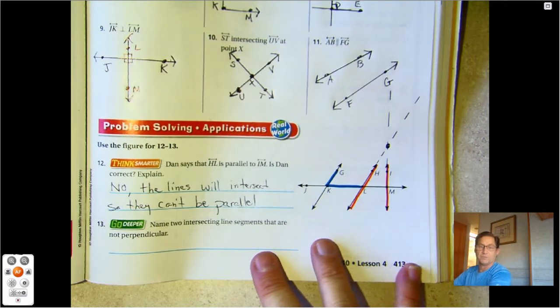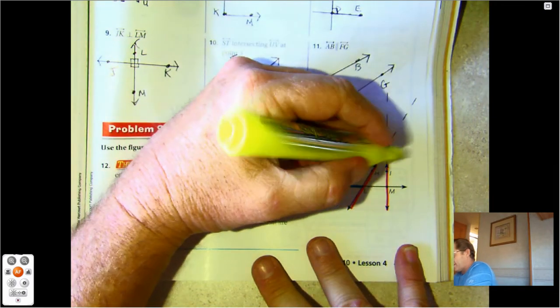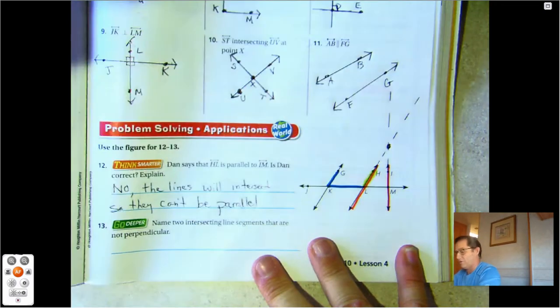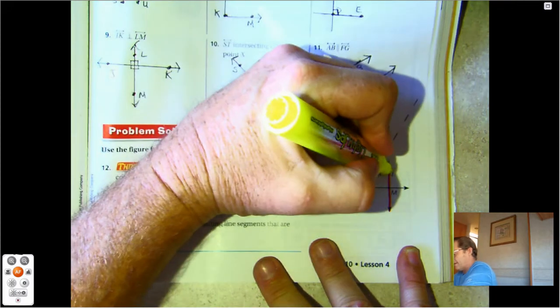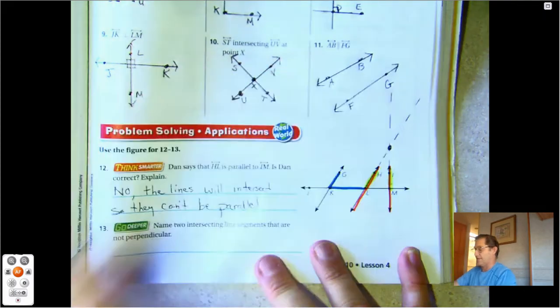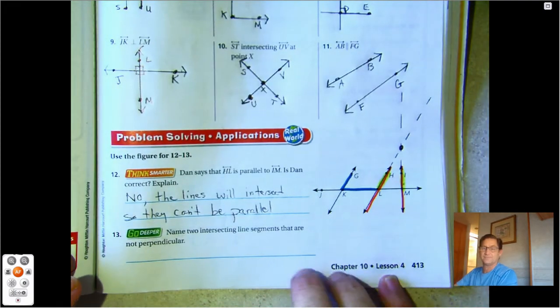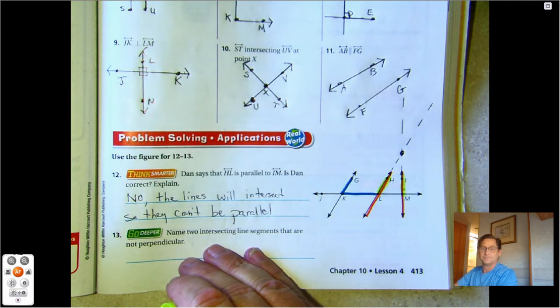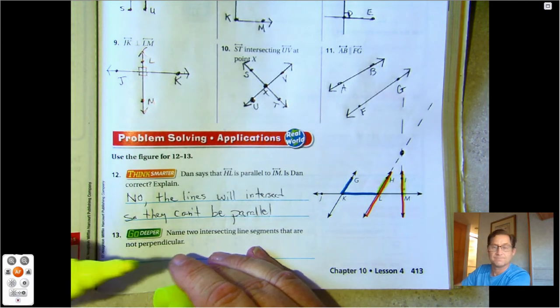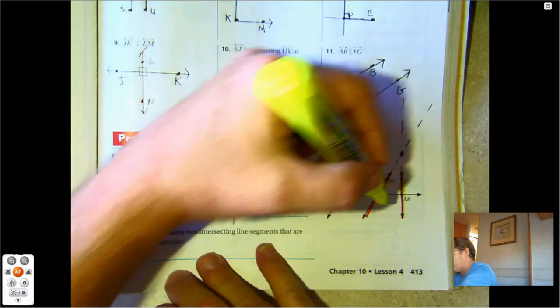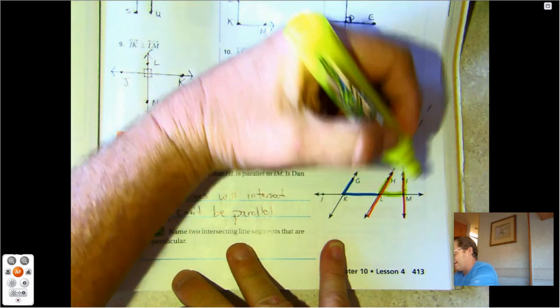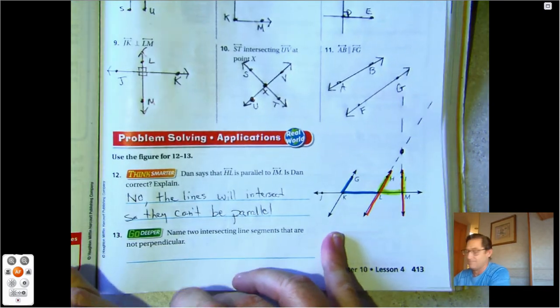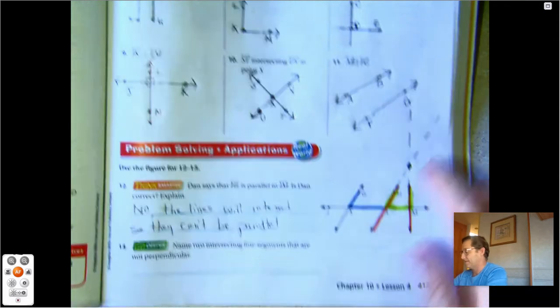In the previous problem, HL and IM, those 2 lines are going to intersect. I'm sorry, not IM. LM is what I meant to say, because it's a line segment. It can't be this one, okay?